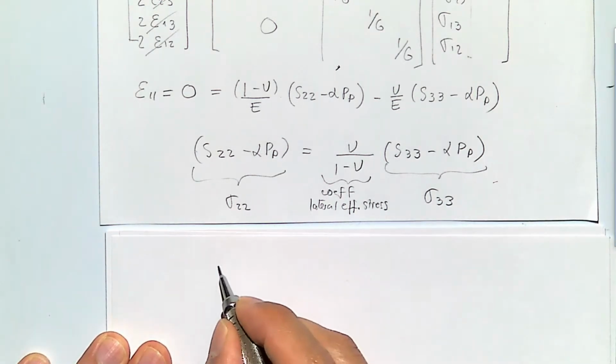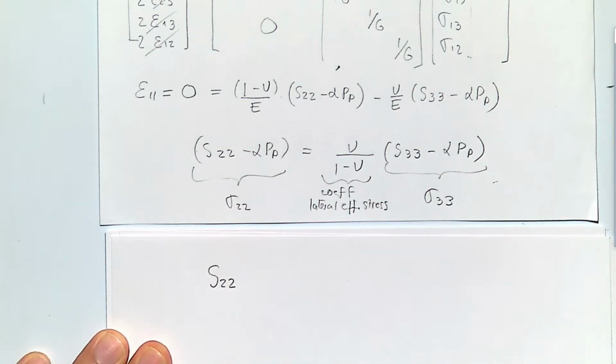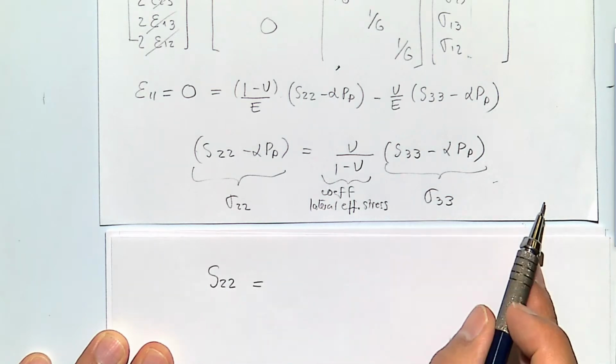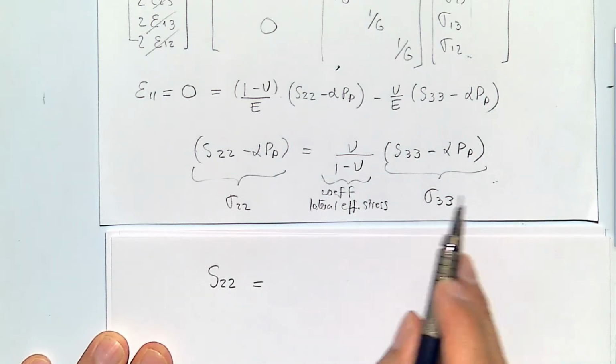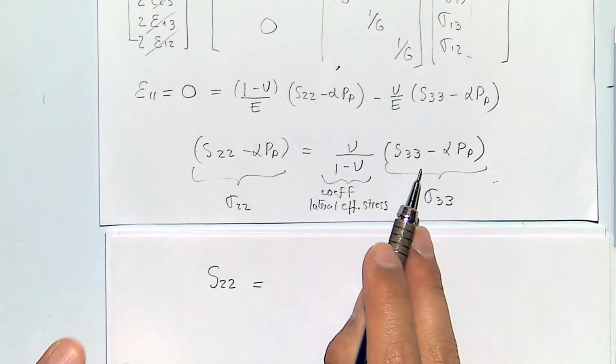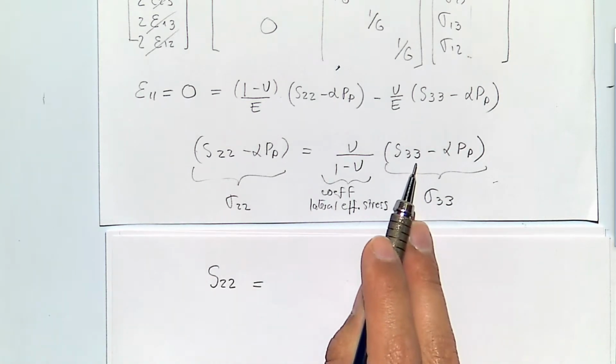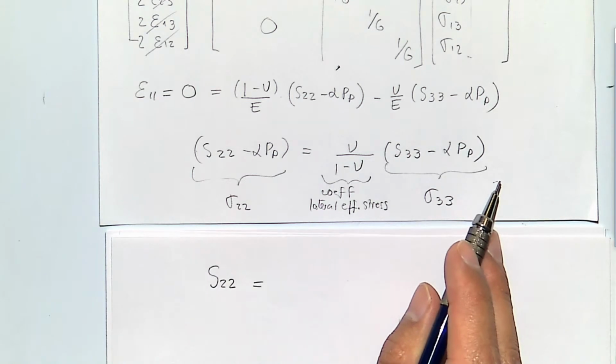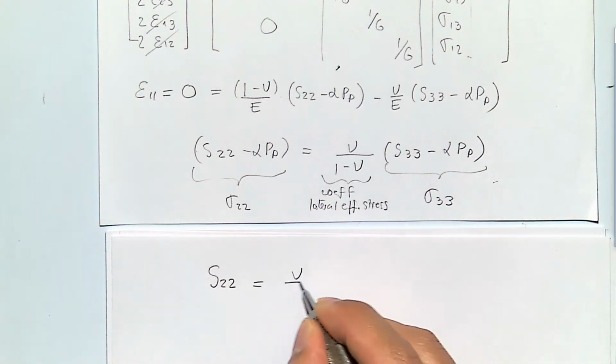So I'm going to leave my total stress here on the left side, and I'm going to move my pore pressure into the other side, and I will break those terms in a part of total vertical stress and the other one with pore pressure. And this is going to look like this.